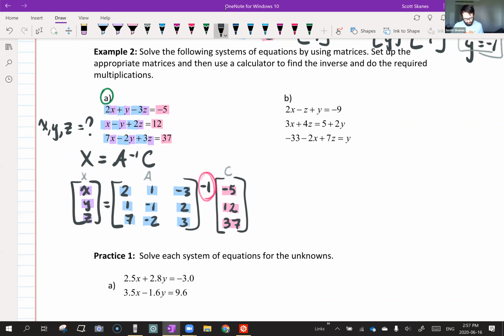So put it in your calculator and see what you get. I'm really curious to see if anyone gives me the answers. This will be the last time I give you a chance really to give me the answers in the notes. So maybe you could tell me what it is.